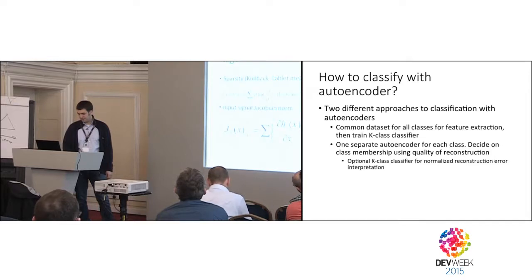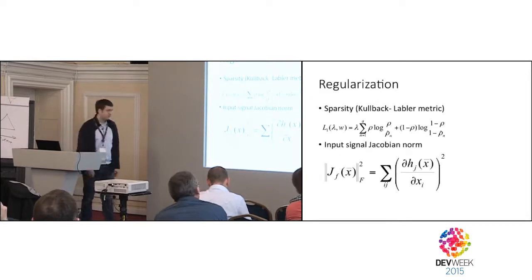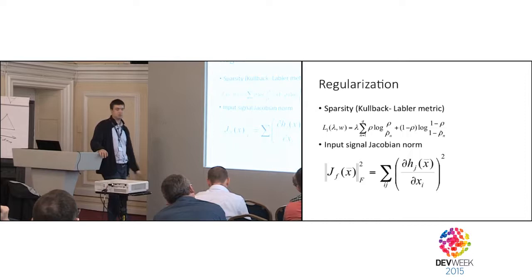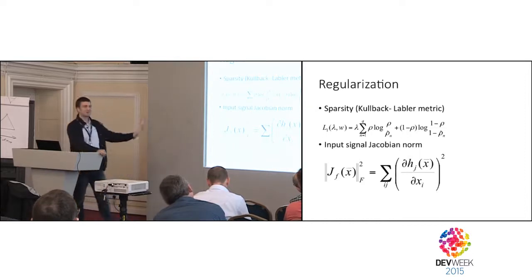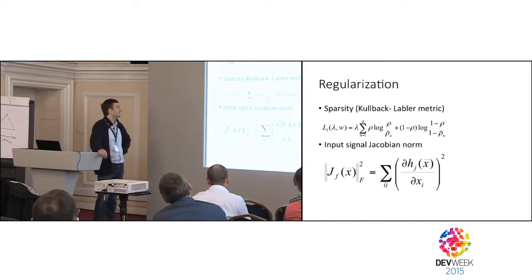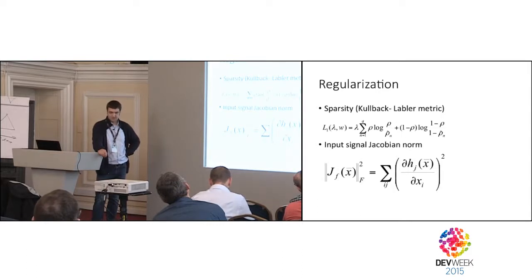If you start reading about deep learning architectures, don't be afraid, we will not go into the details. You will definitely read about the concept of regularization, and I just must say a few words about that. What is regularization?